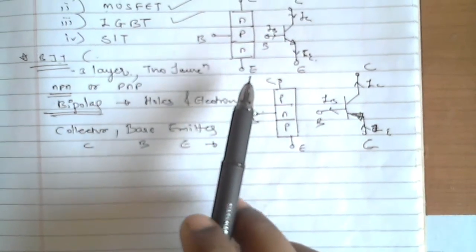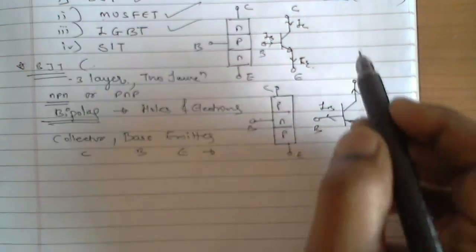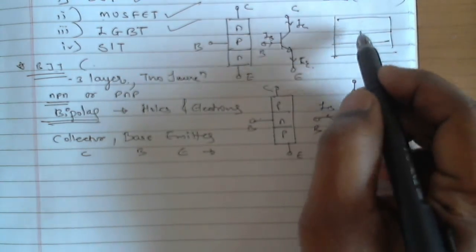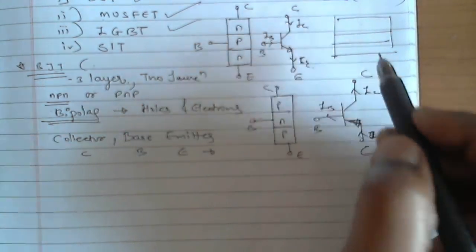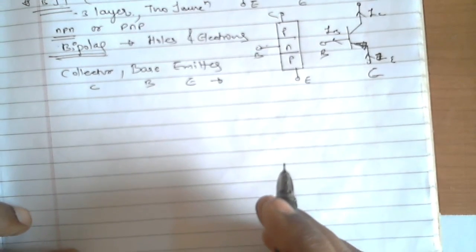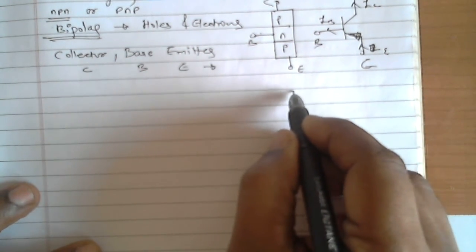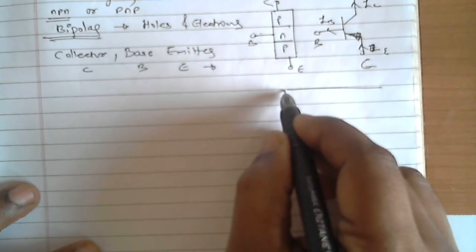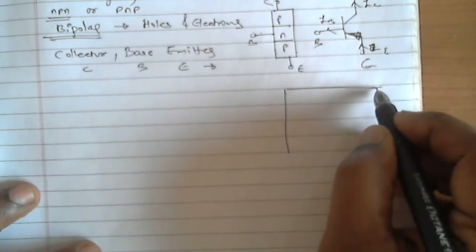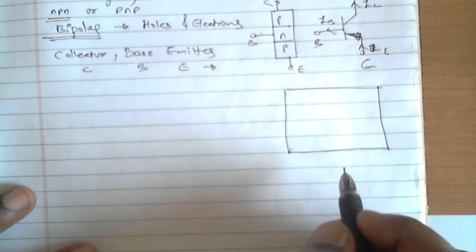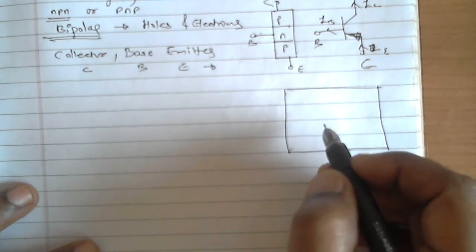This is a general transistor, and construction-wise you can draw a proper PNP transistor with collector, base, and emitter. Now when we talk about the power transistor, let me show you its construction. In different books you will get different constructions, meaning the construction is the same but the way they represent it can differ.